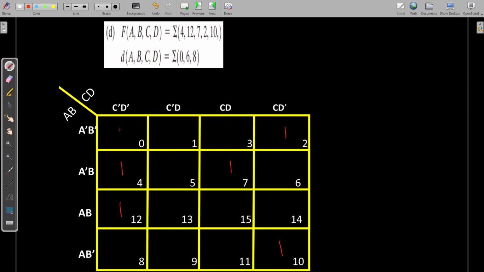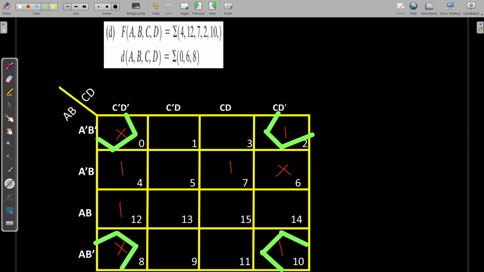And then 0 here it is don't care, 6 is also don't care, then 8 is also don't care. Now we try to form the loops. So here we have this corner 4 ones can be combined. So it is loop 1. We can combine these 4 cells as loop 2.